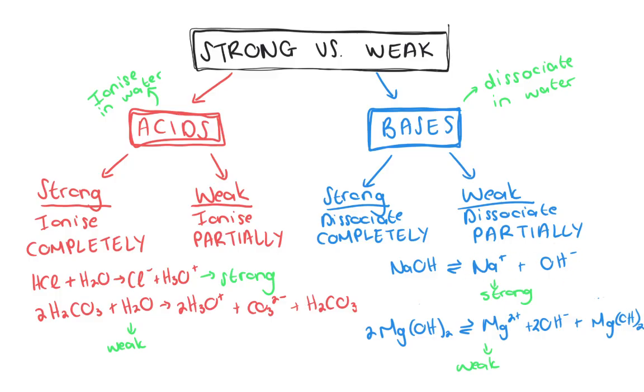There will be none left. Whereas with my weak base, there will still be some of the base left that wouldn't have dissociated in the water. The only exception of a base that doesn't dissociate but ionizes is ammonia. Ammonia is the only base that ionizes instead of dissociates.